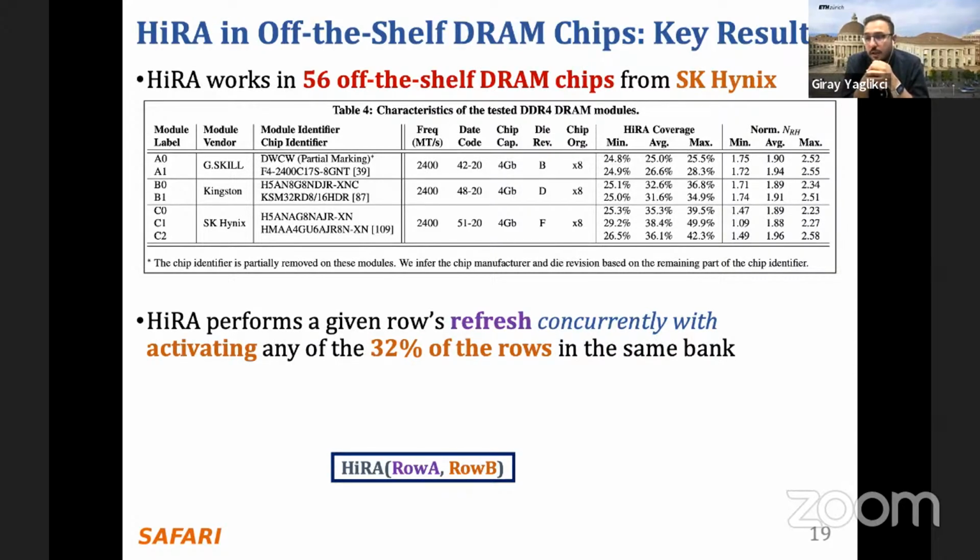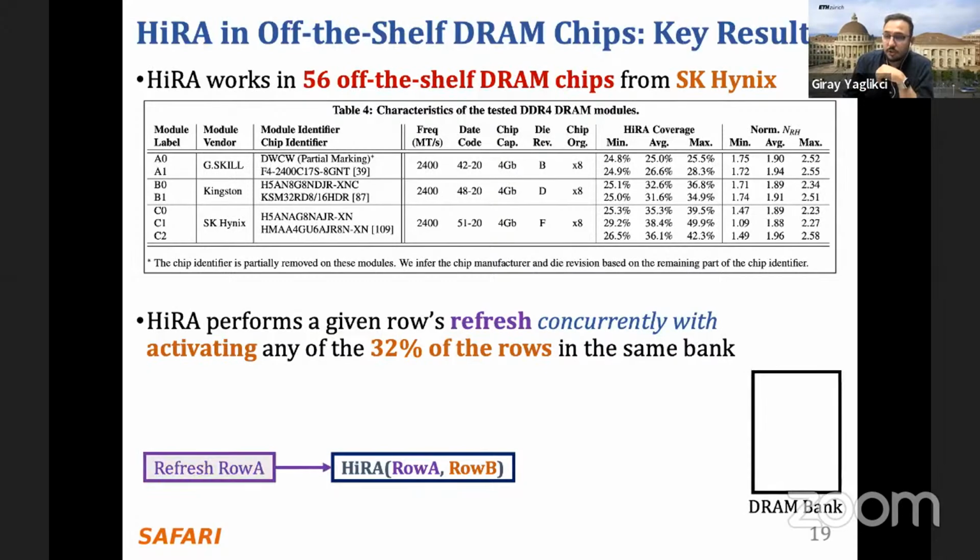The first one is which particular rows we can perform this HiRA operation on. It turns out that you can refresh a row A concurrently with activating a row B if you choose row B from any of 32% of the rows in a DRAM bank.